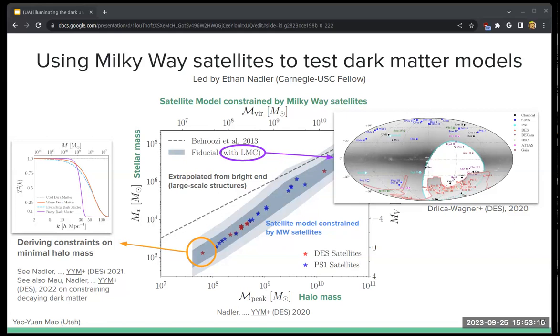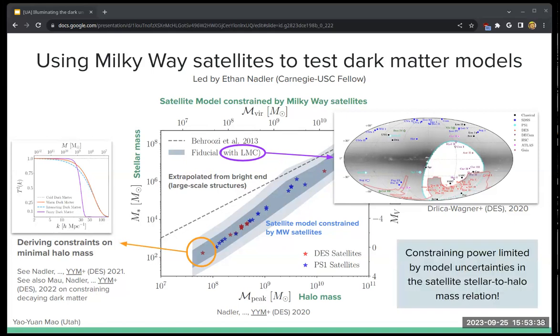All this is telling you that there is still a lot of uncertainty that we need to take care of. Even though we can already derive constraints, in order for our constraint to be competitive, either we need to discover more low-mass galaxies that are really faint, or we need to better understand our model and reduce our uncertainty in the modeling component. So that's basically what I just said.